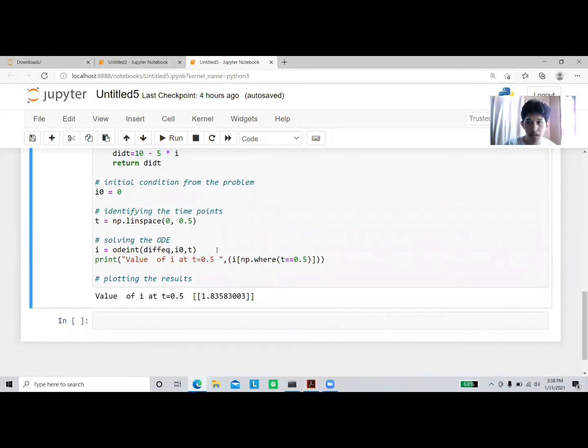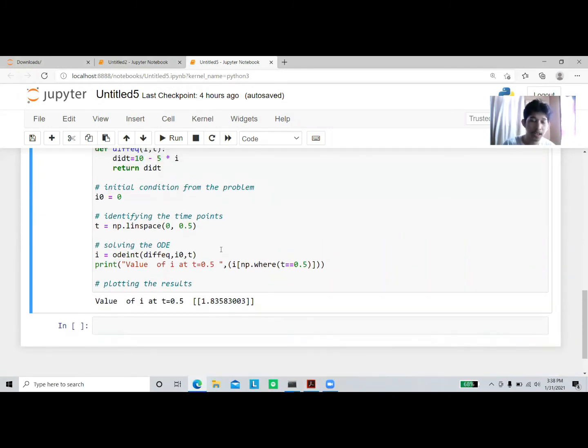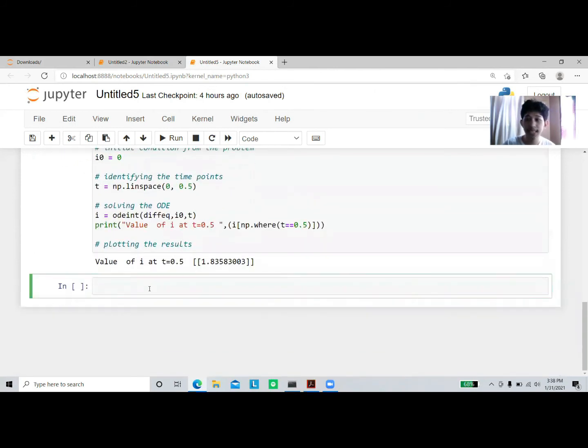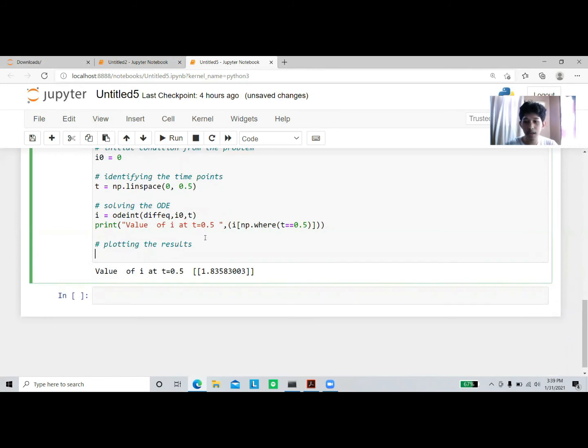So the problem does not end here. The next thing that we need to do is to plot the graph for this ODE, or the current of the circuit at any time t. To be able to graph it, I have made a part where we will input the code for the plotting.